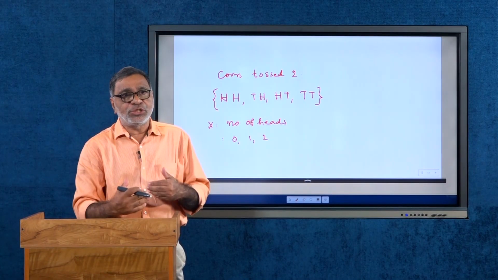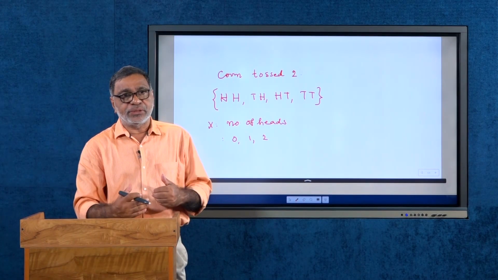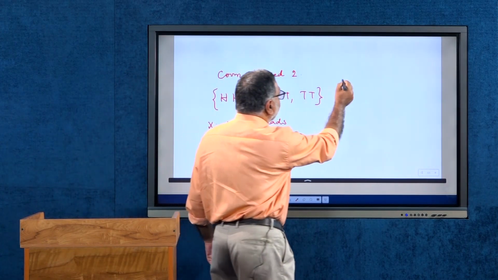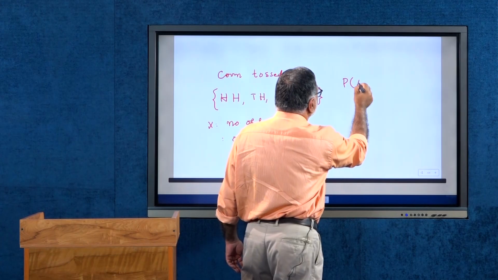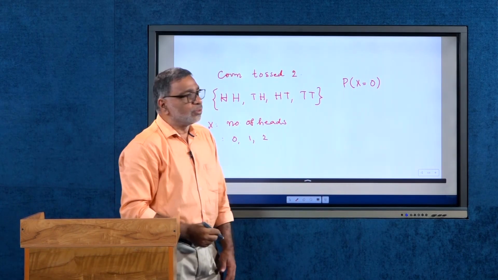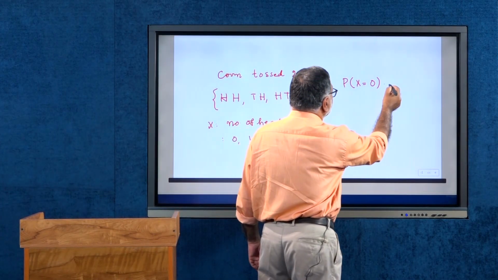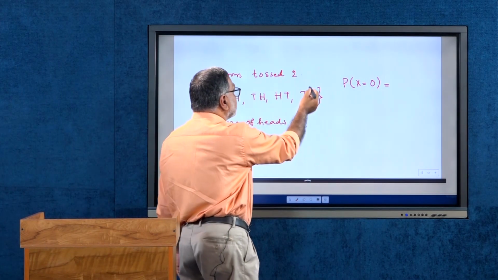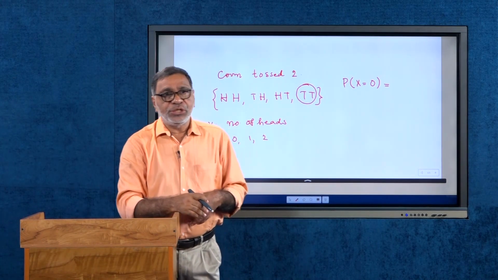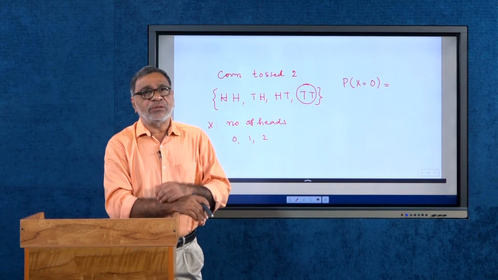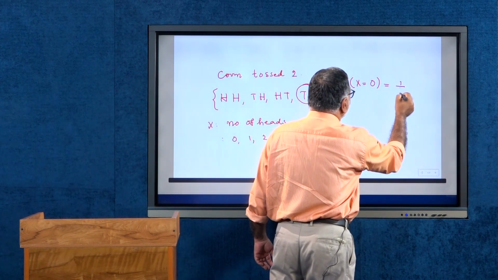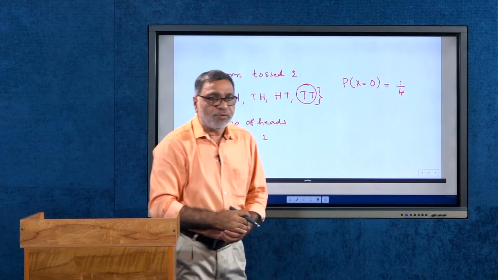Now our aim is to find the corresponding probabilities that we discussed in the first unit. That is, probability of x is equal to the first value 0. Probability of x is equal to 0 is obtained as follows: x is equal to 0 only when the outcome is TT. So out of 4 cases, we have only one favorable, that is 1 by 4.